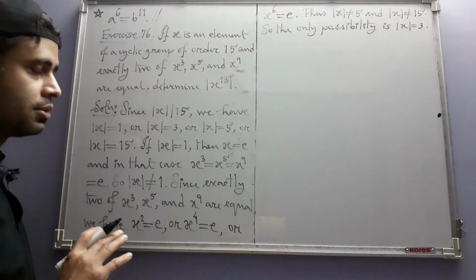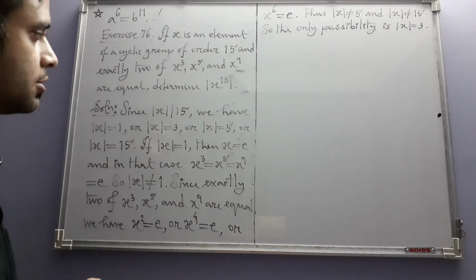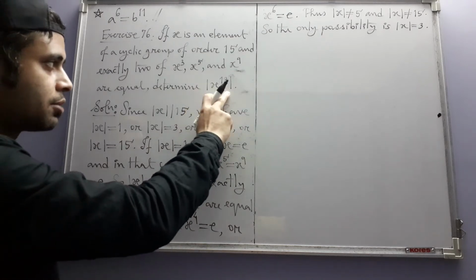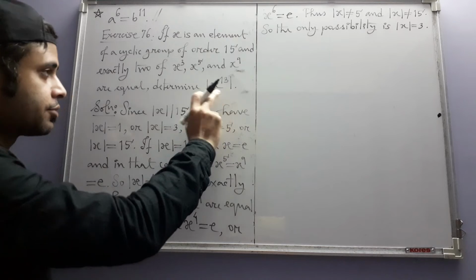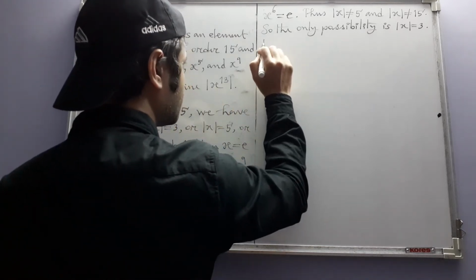Now we have determined the order of x. So we can now use the usual formula to calculate the order of x to the power 13.